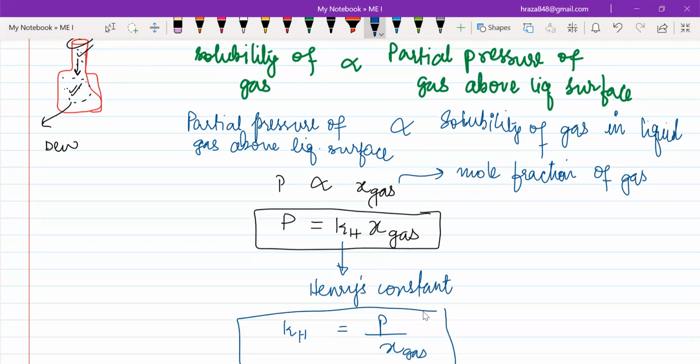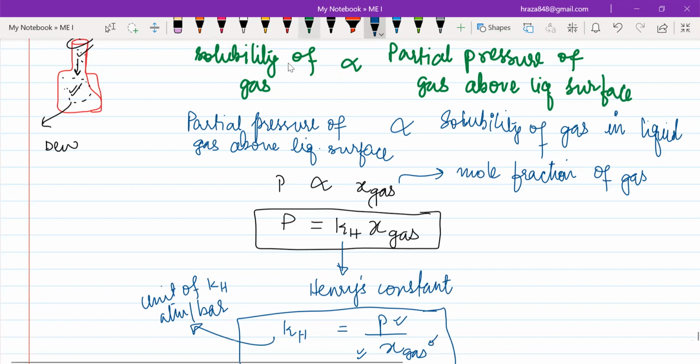We know that mole fraction is unitless and P is pressure, so the unit of KH will be atm or bar. That totally depends upon the partial pressure, because mole fraction is unitless.